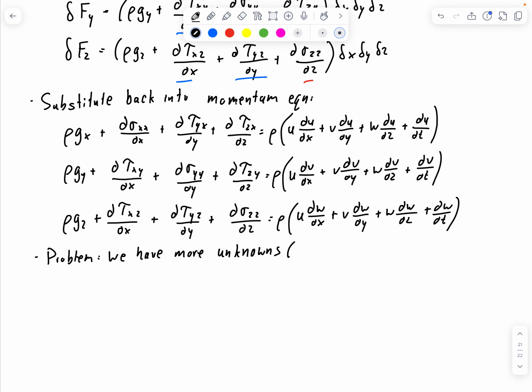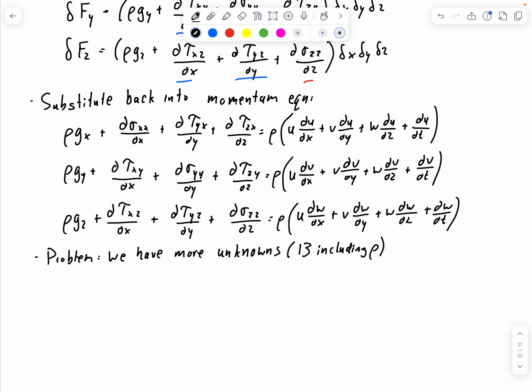So how many unknowns do we have? If we include density as an unknown, we have 13 unknowns. So we have u, v, w, and then we have all our sigmas and all of our taus.